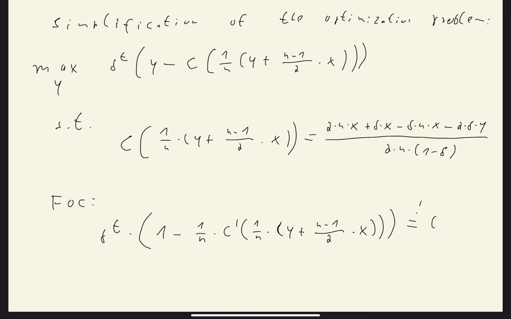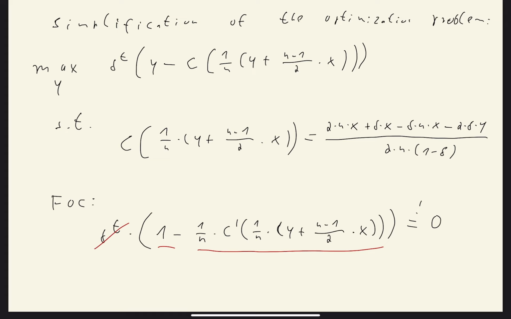This is supposed to be equal to 0. And here you can hopefully see where the assumptions which were made with respect to the cost function in the exercise description are coming into play. So if you look at the first order condition, the delta t here will cancel out anyway, so it doesn't matter. What you will have is that 1 is basically equal to this here in the optimum.